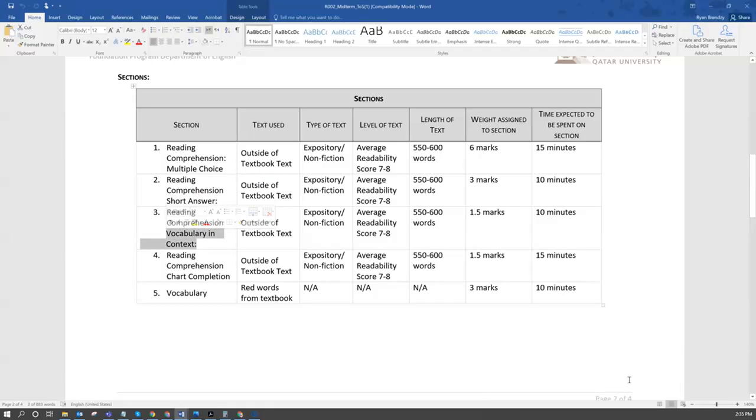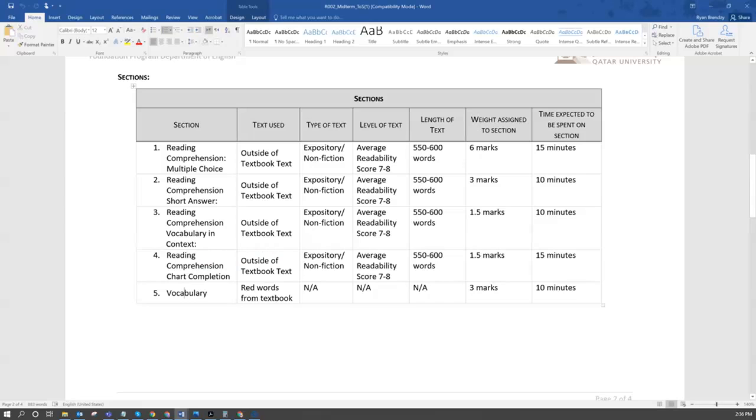This means vocabulary that's not part of your Quizlet list, but vocabulary that you infer from the text, as well as a chart completion, similar to your graphic organizer. And lastly, we have vocabulary from your Quizlet list.